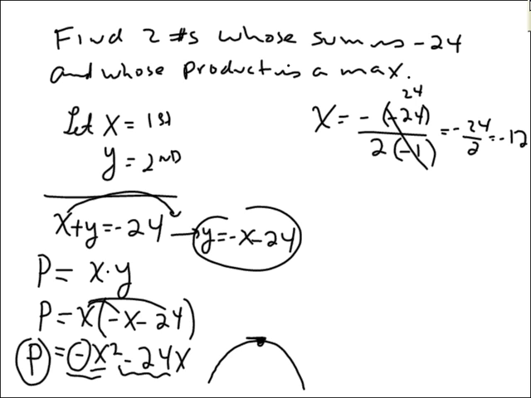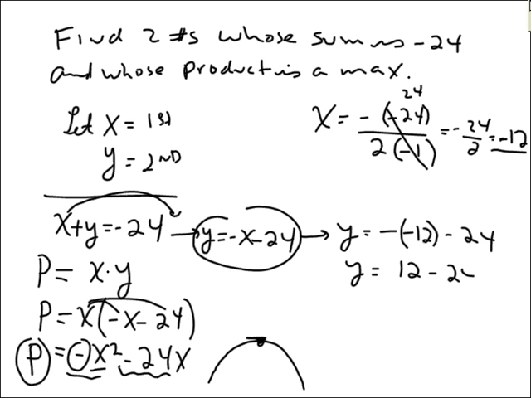And we'll get y from this rule. Y equals negative whatever x is minus 24. X happens to have its own negative sign. So y is equal to positive 12 minus 24. If you read this backwards, that is not 12 minus 24, but 24 minus 12, you get 12. But if you read it backwards, you have to change the sign.